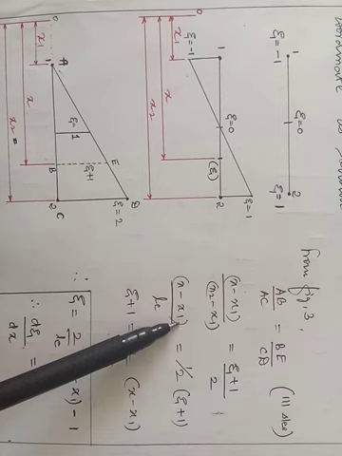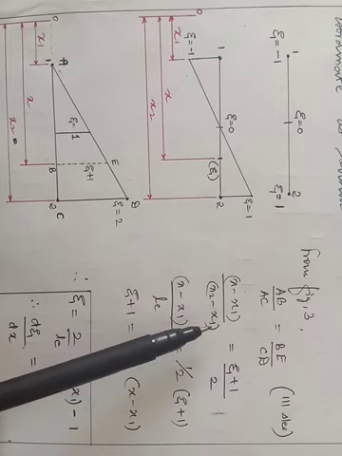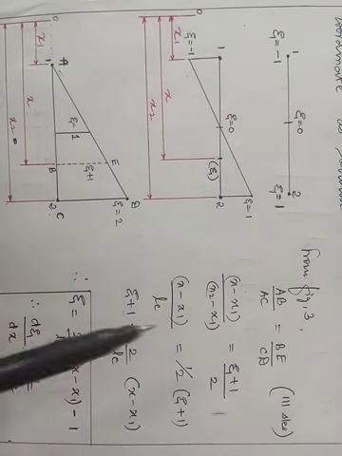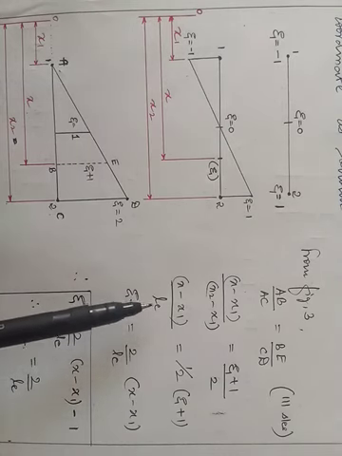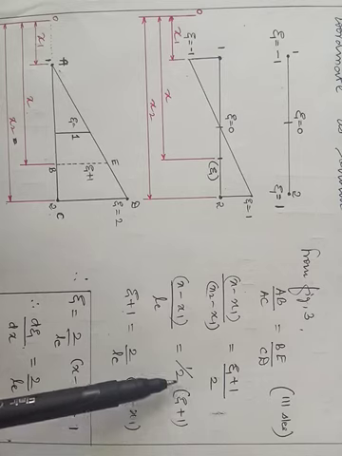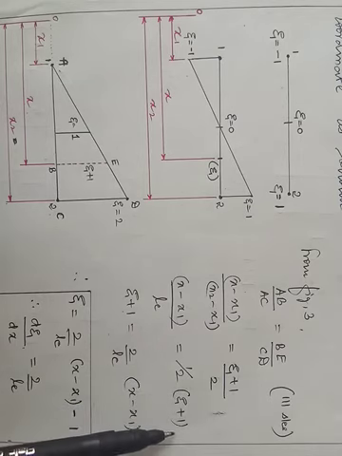Now x minus x1 divided by x2 minus x1, where x2 minus x1 is nothing but the length AC, which is the entire length of the element. That is the reason instead of writing x2 minus x1, I have taken it as the length of the element, LE. Next, this is equal to 1 by 2 into zeta plus 1.